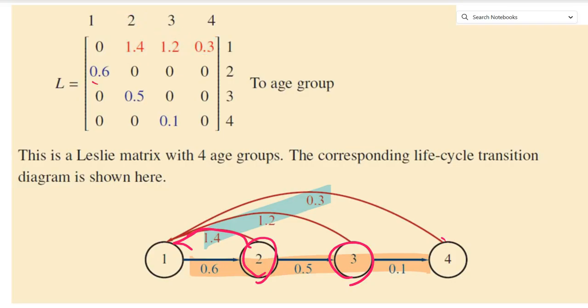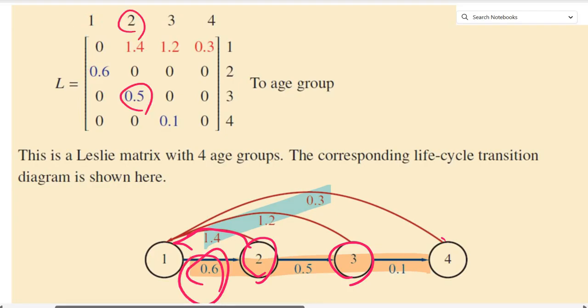And we've got the survival rate starting here, going down this way. At the end of the first cycle, your survival rate is 0.6. At the end of your second cycle, the survival rate is 0.5, then 0.1, and so on.